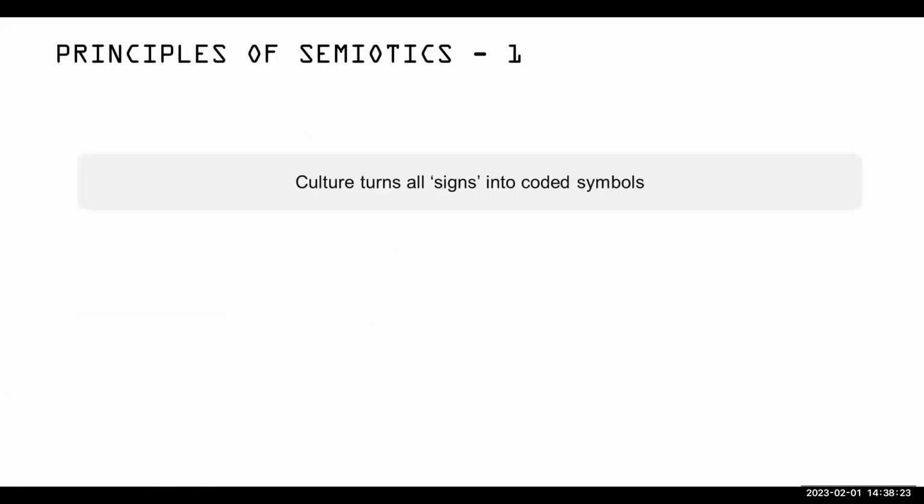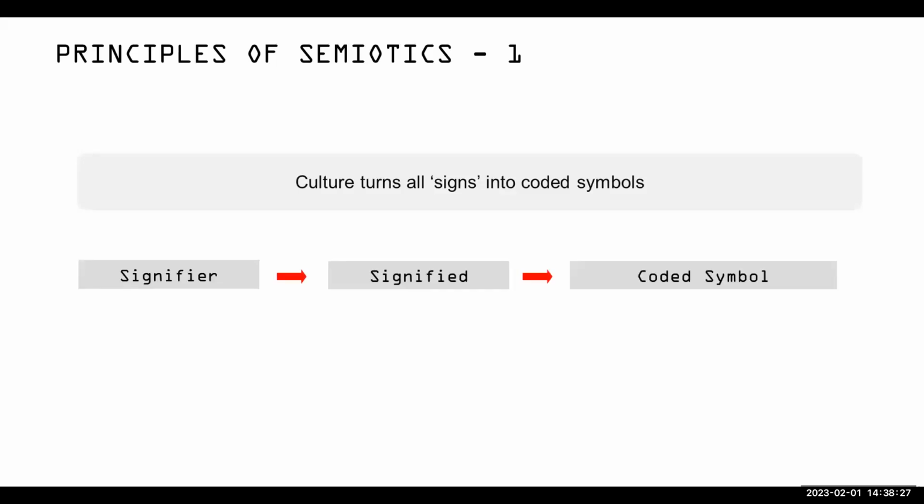We look at the key principles of semiotics. What culture does is take any sign, a tree, a plant, a dove, a bird, and convert or build upon it into coded symbols. So there is a signifier, like I said earlier, the apple is the signifier.